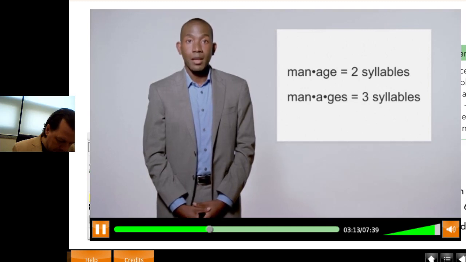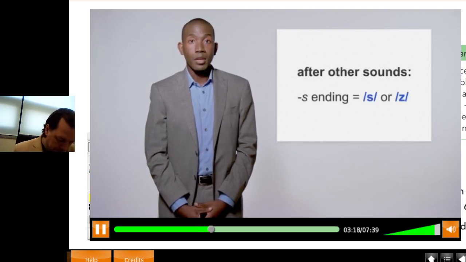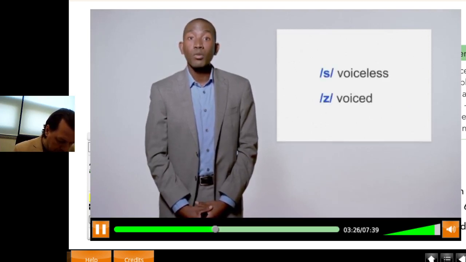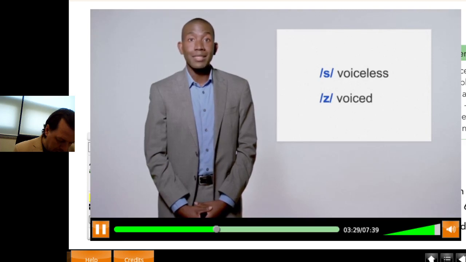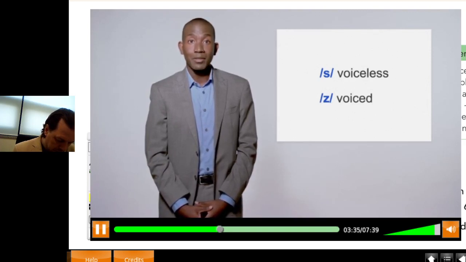Manage. Manages. After other sounds, we pronounce the S ending as the sound S or Z and do not add a syllable. The only difference between S and Z is that S is a voiceless sound and Z is a voiced sound.